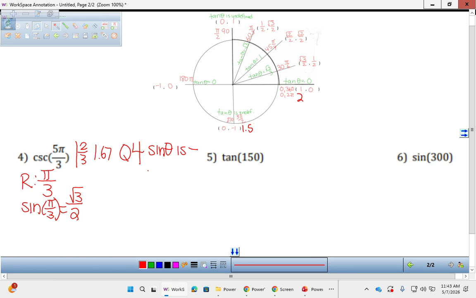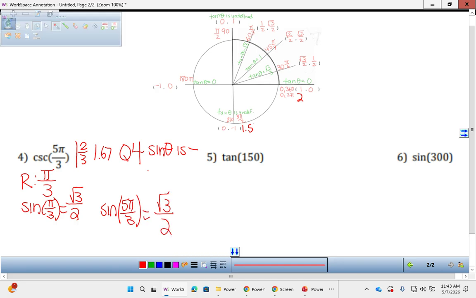And what that means is that the sine of 5 pi over 3 is the same. It's root 3 over 2.